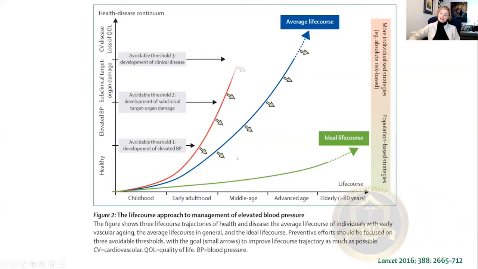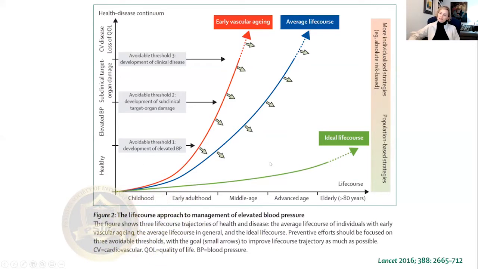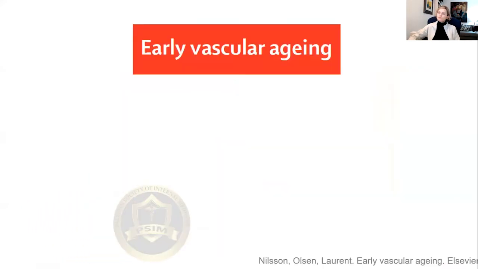And in some cases, and more, we see the situation of early vascular aging, where from early adulthood and middle age, we already see subclinical organ damage, development of clinical disease. And we really want to push this down. And that can only be done by early detection of raised blood pressure, by population-based strategies to ensure healthy lifestyle, prevention of disease development in the larger population.